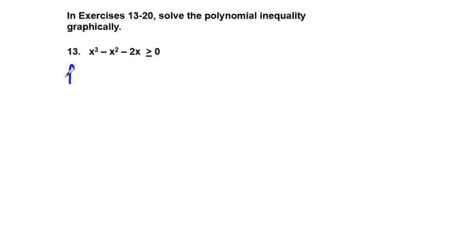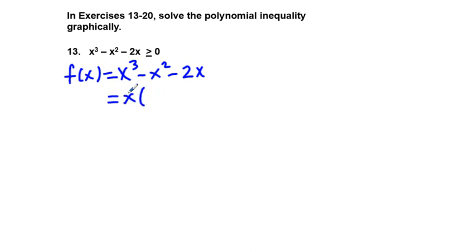So we're going to write this function as f of x equals x cubed minus x squared minus 2x. We know we're trying to look where the value of the function is greater than or equal to 0. There's a common factor between these three terms of x.